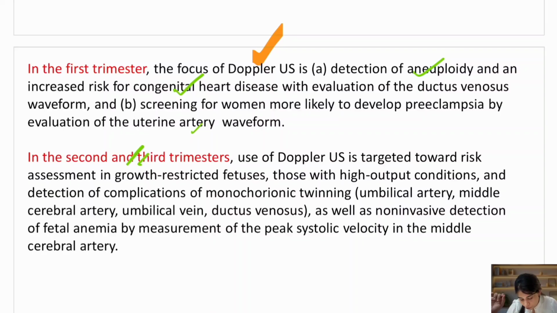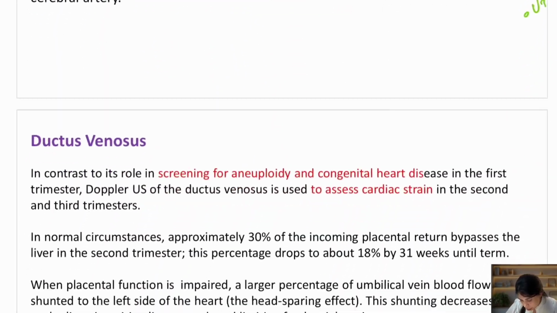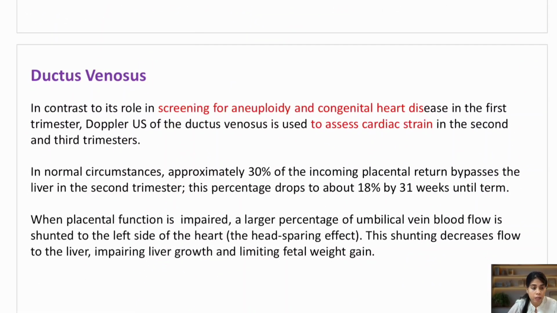For anemia, MCA as well as ductus venosus Doppler come into role, and for preeclampsia it's the uterine artery.